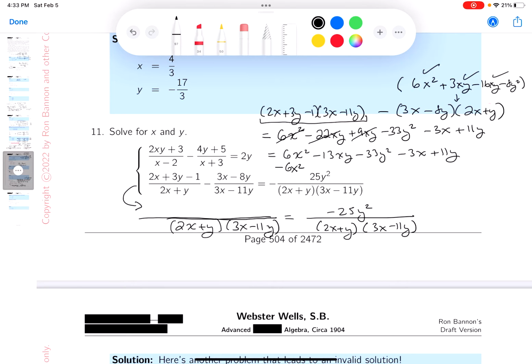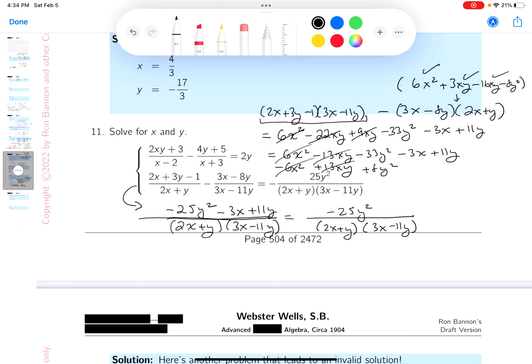This would give me minus 13xy, so it's going to be minus a minus, plus 13xy. And then what do you get? Minus a minus 8y squared, plus 8y squared. All right? So let me write that down now. And it disappears, disappears, disappears. And what do you get? You get minus 25y squared minus 3xy plus 11y.